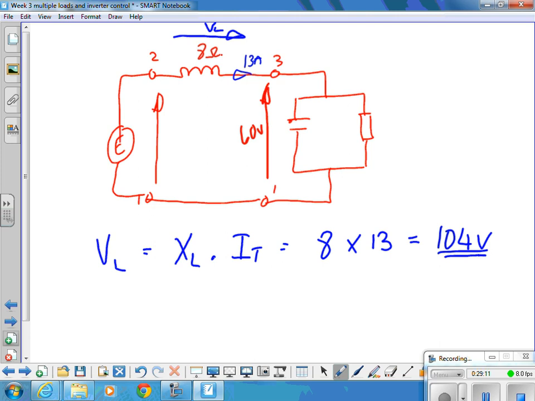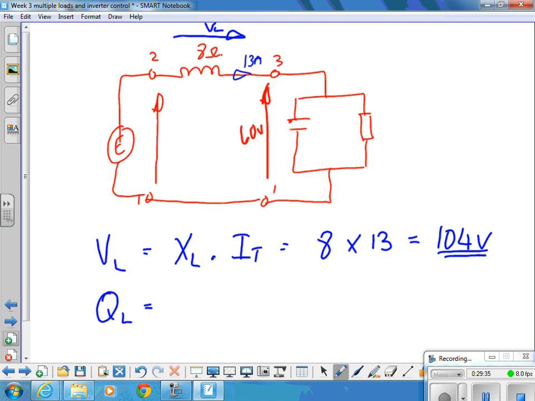Okay. What else can we find around that inductor? We can find QL, the reactive power associated with that inductor, can't we?